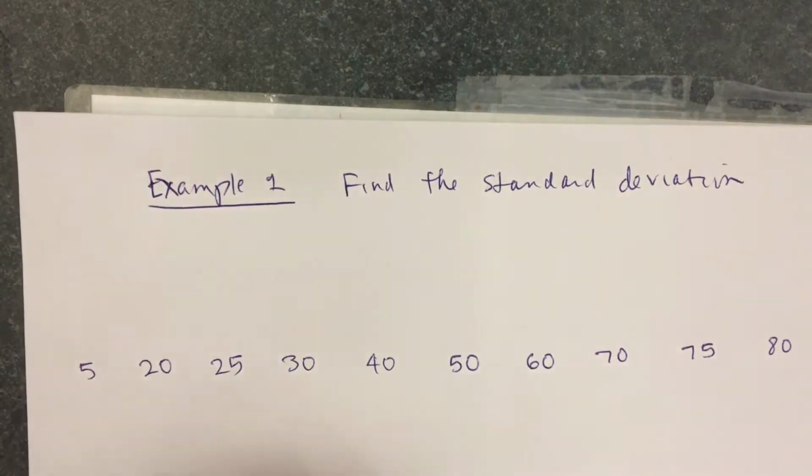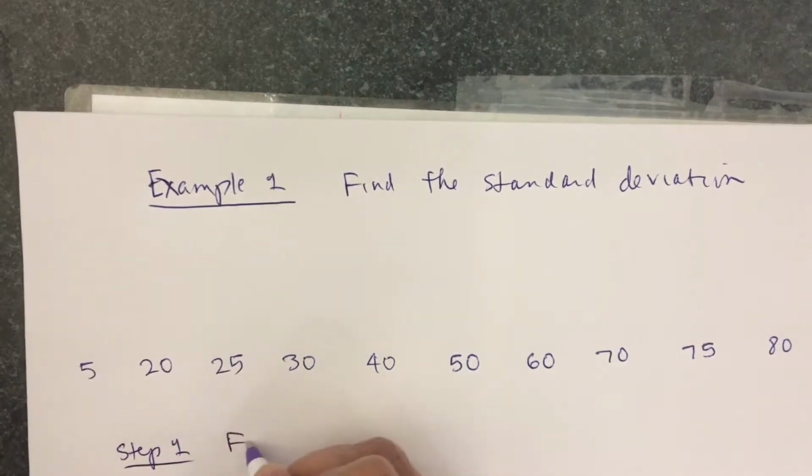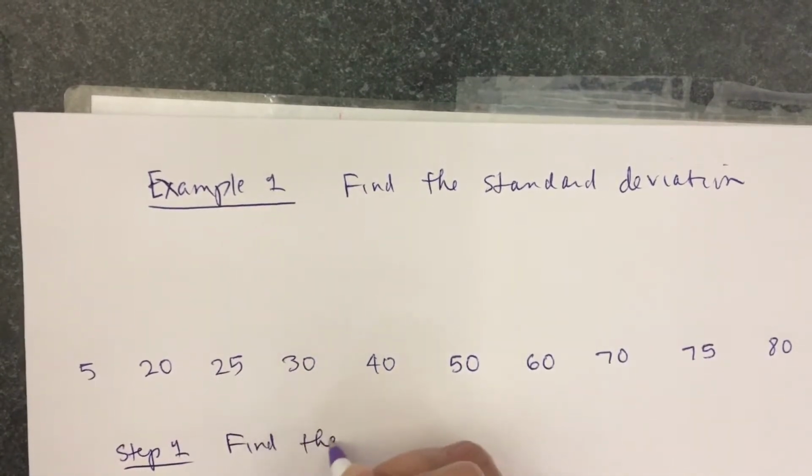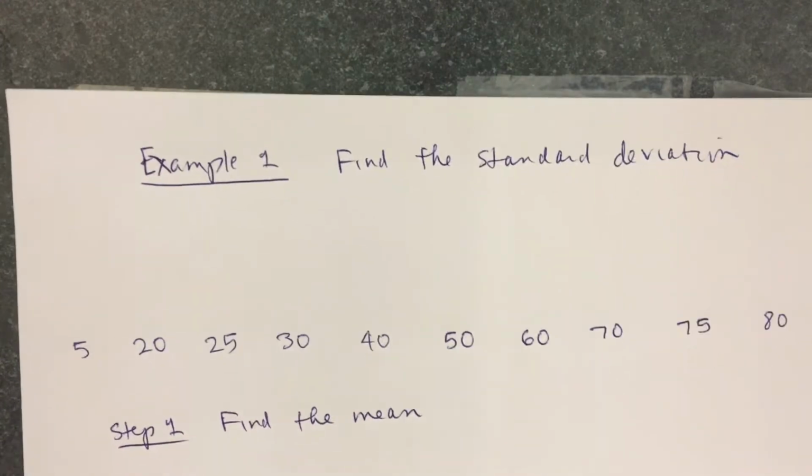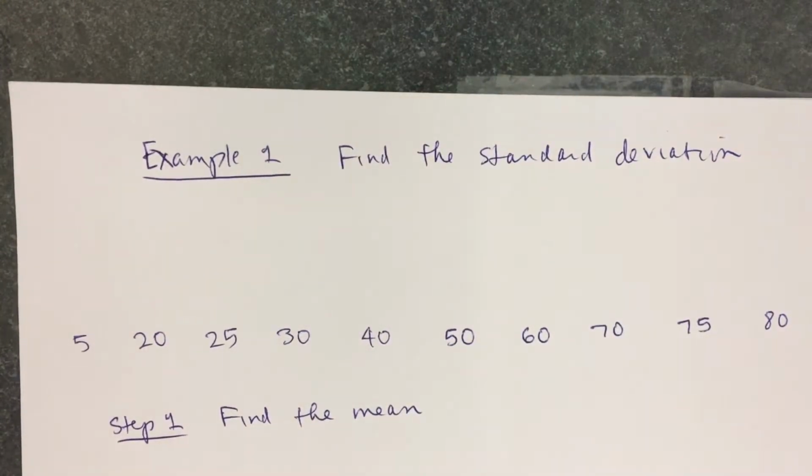Step number 1 on the standard deviation is to find the mean. The standard deviation is a measure, it's an average of how far the scores are from the mean.